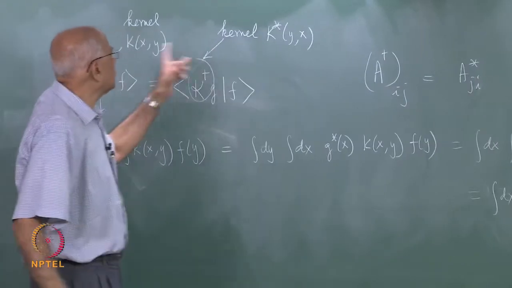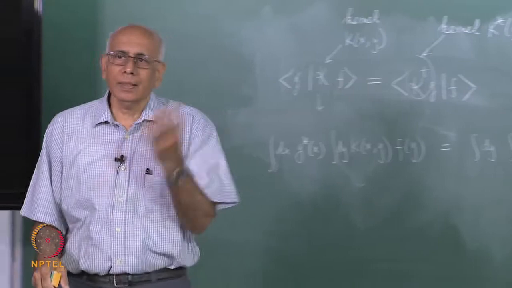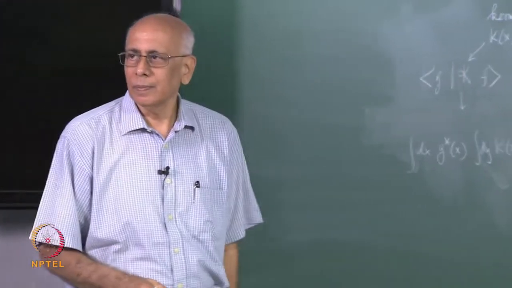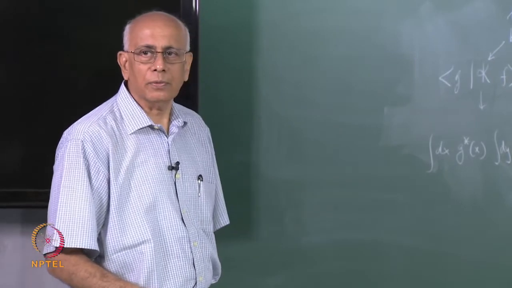But that is exactly what I am saying here. I interchange these x and y, and then I take a complex conjugate, which is what you would expect, except that we have painfully gone through it in this fashion.